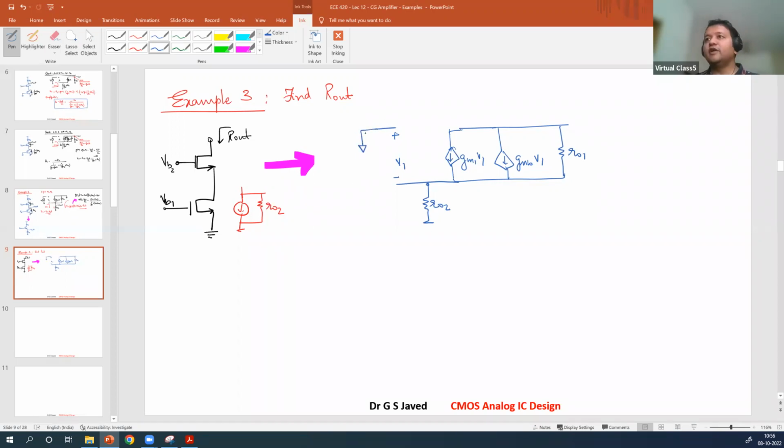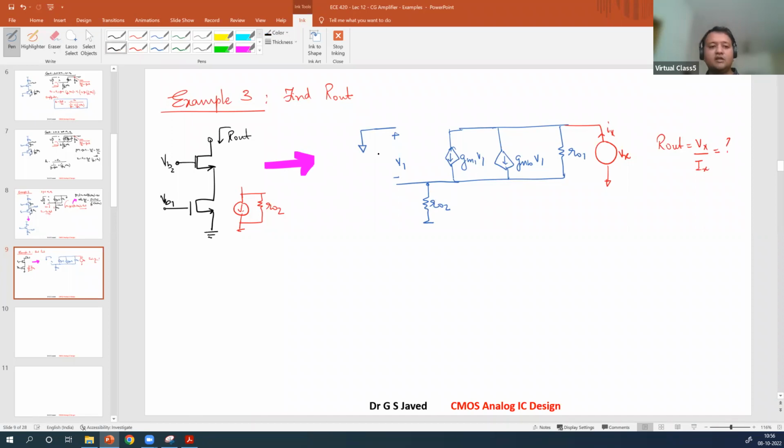So what do we need to find out? What is the Rout? To find Rout, we'll apply a test source Vx having a current Ix. Rout equals Vx over Ix. This is what we need to find. Apply the model here and find out the value.